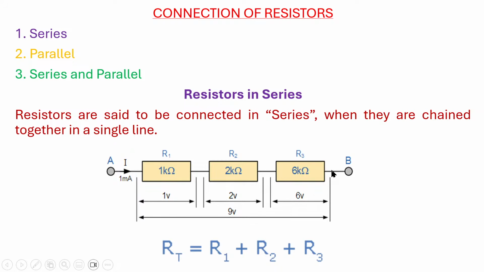So your total resistance in this circuit, RT, is equal to R1 plus R2 plus R3. So by the time you add 1 kilo ohm plus 2 kilo ohms plus 6 kilo ohms, you are going to get your total resistance of 9 kilo ohms.